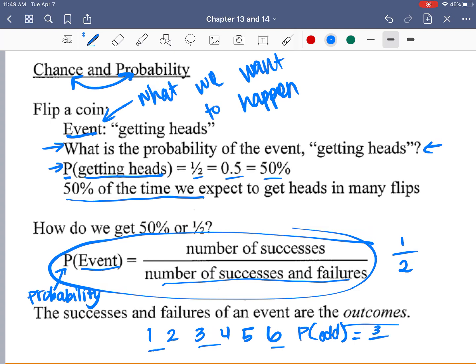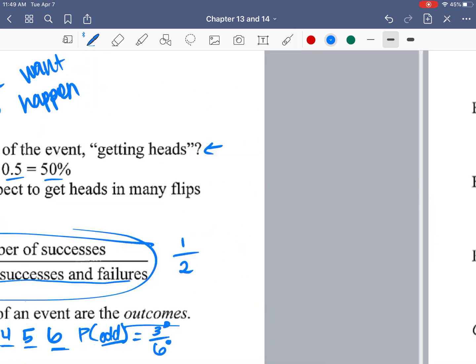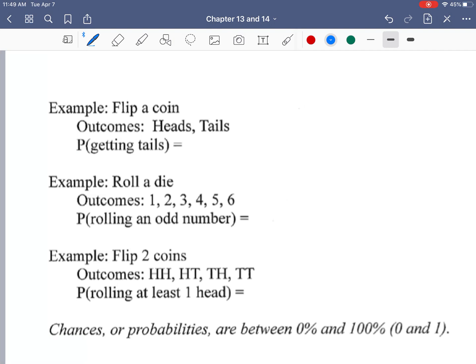And there's 3 options that are what we want out of a total of 1, 2, 3, 4, 5, 6 options. So probability of the event is equal to the number of successes, or number of times you can get what you want, over the total number of options.